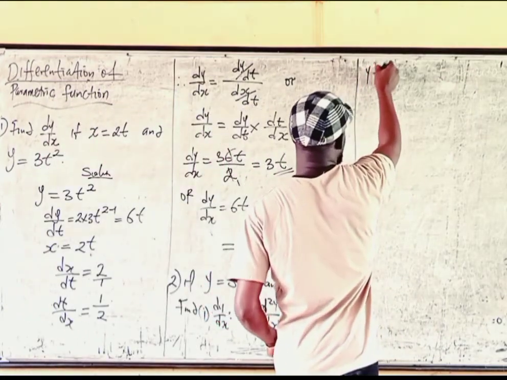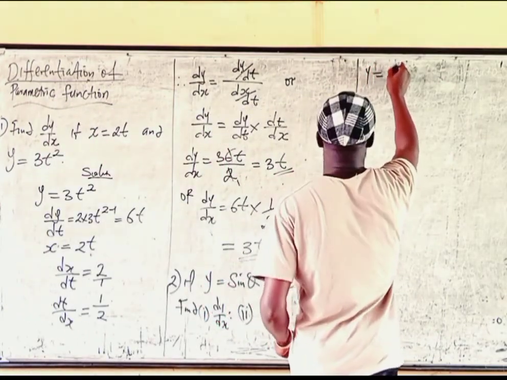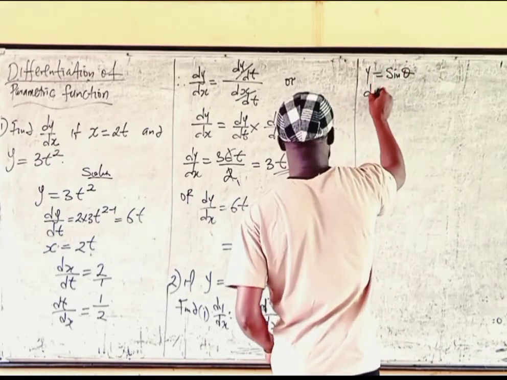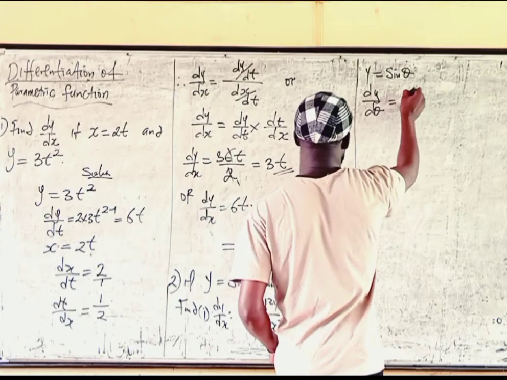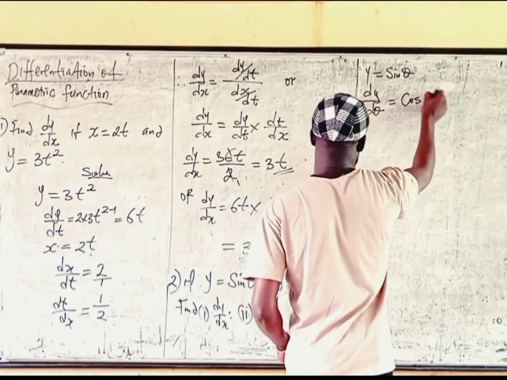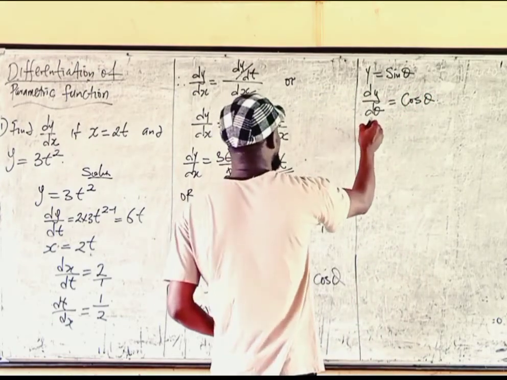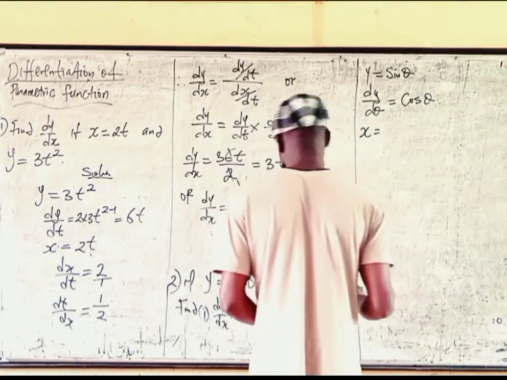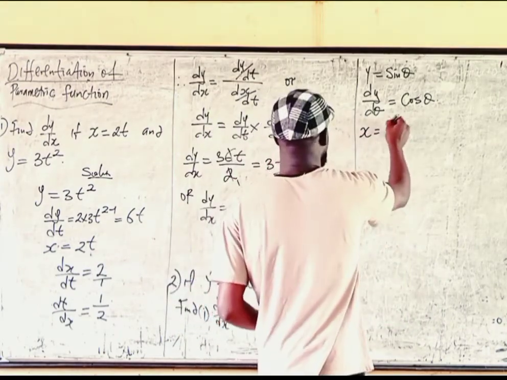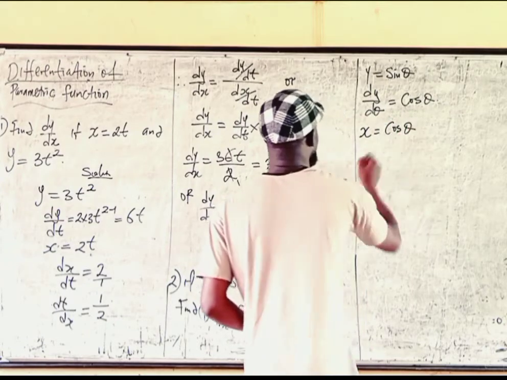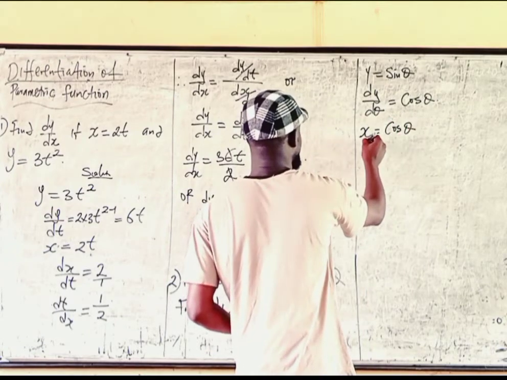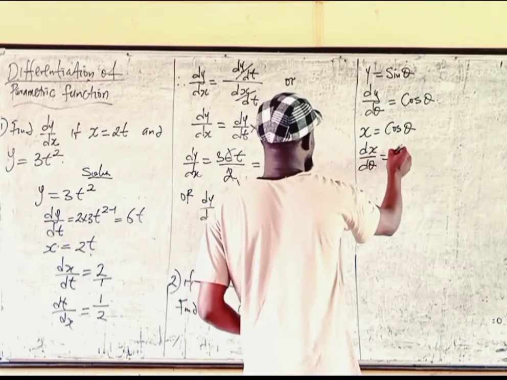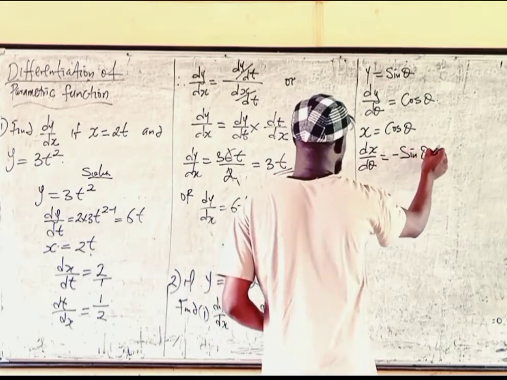Our y is equal to sine theta. Then if you differentiate this, dy over d theta will be equal to cos theta. That's what we have. Then our x is equal to cos theta. Then if you differentiate this, dx over d theta will be equal to minus sine theta.